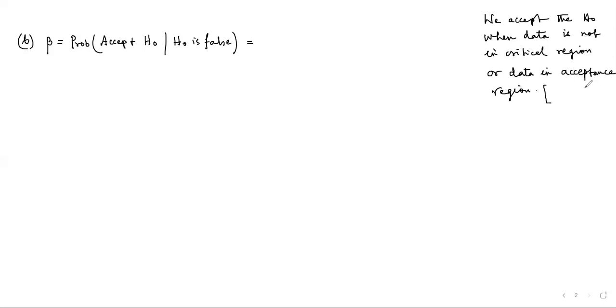Now, if x greater than or equal to 1 is the rejection region, it is quite obvious that x less than 1 will be the acceptance region.